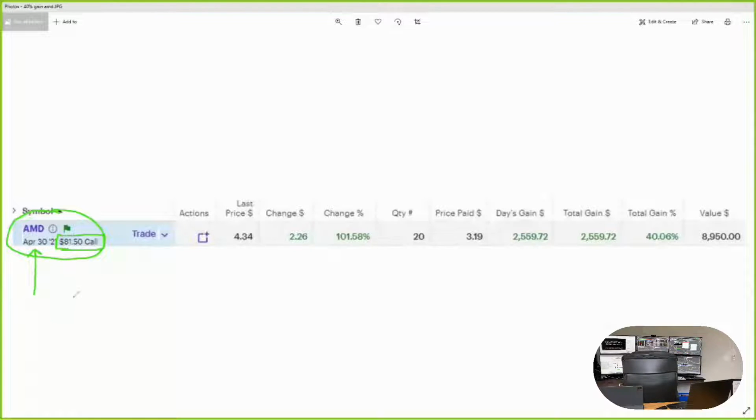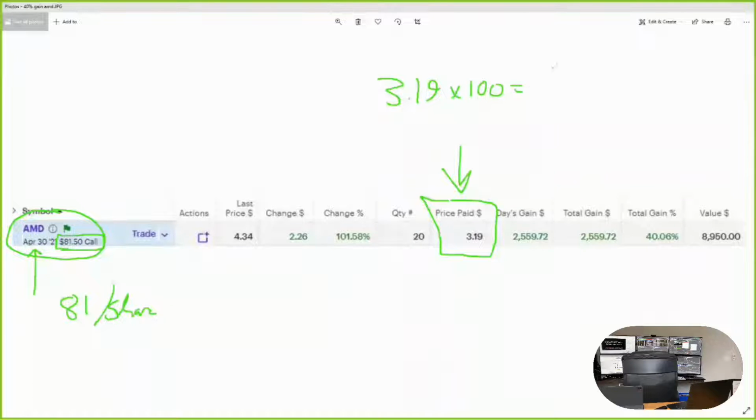When we picked up this trade, AMD was at $81 a share, right? AMD got up to 84 bucks today. The price paid for this contract was $3.19. But remember, you have to multiply that $3.19 by 100 because there's 100 shares per contract. So that means each one of these contracts cost you $319, okay?